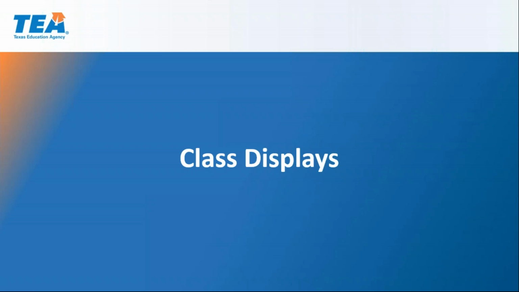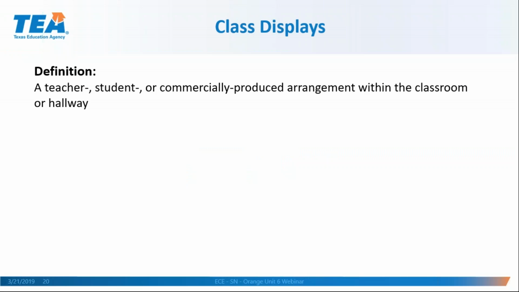Okay, we're going to move our brains now to class displays. I want to make sure we're all thinking about the same thing. For the purposes of our discussion, a class display is either a teacher, a student, or a commercially produced arrangement that is either within the classroom or in the hallway, because the hallway is a great place to display things.